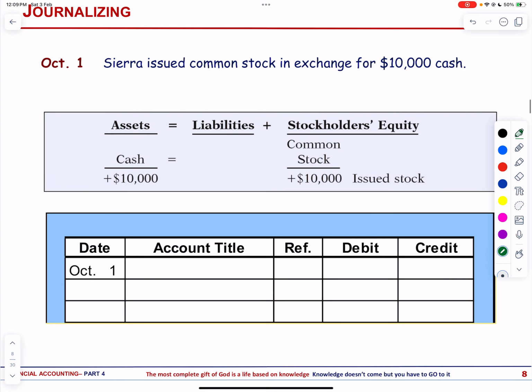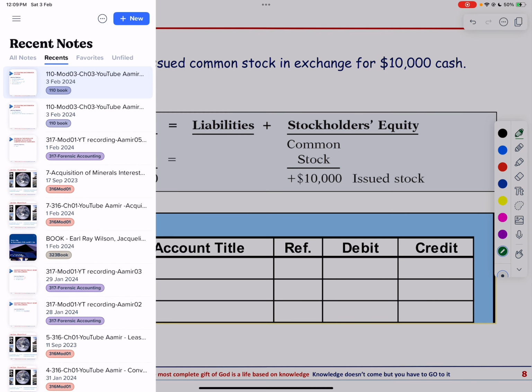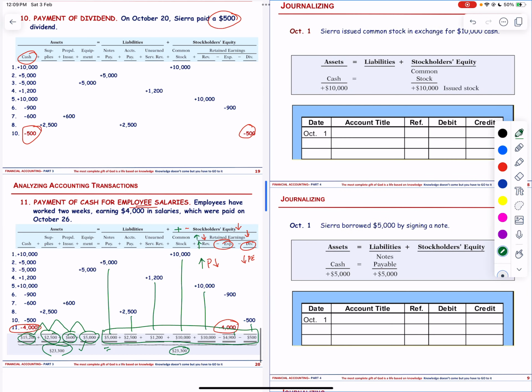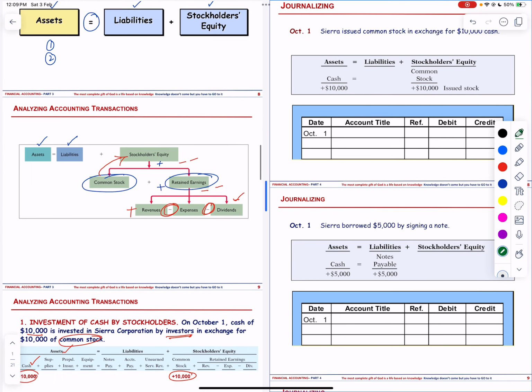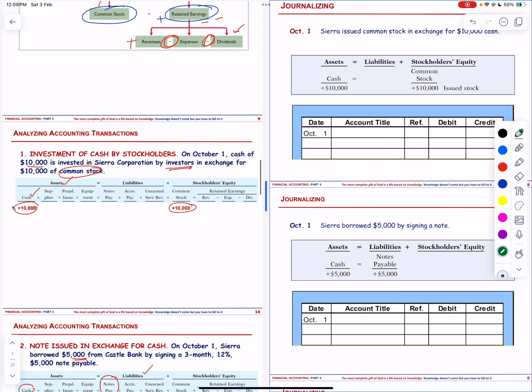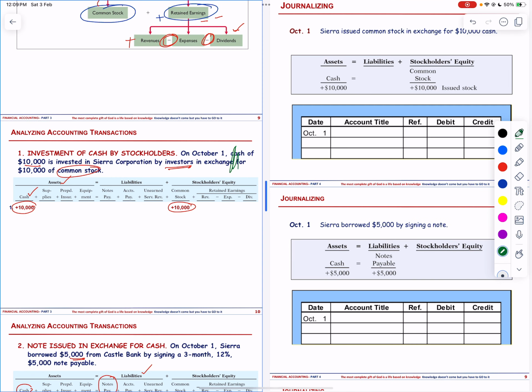So when Sarah has issued common stock in exchange for 10,000 cash. Now, if you can remember the previous video, we are using the same transactions that were there, and this is transaction number one, and you can see that here Sarah has invested cash of 10,000 in Sarah Corporation.